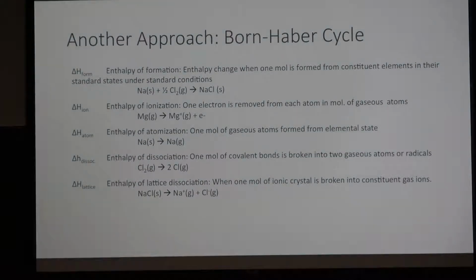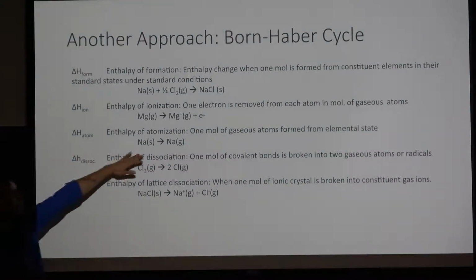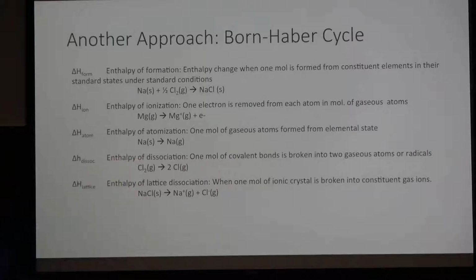Okay? Enthalpy of atomization, the enthalpy change when 1 mole of gaseous atoms is formed from their elemental state. So this is boiling sodium. The enthalpy of dissociation, when 1 mole of covalent bonds is broken into 2 gaseous atoms or radicals.